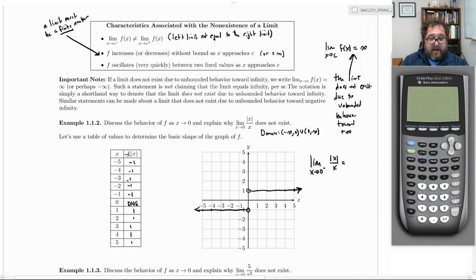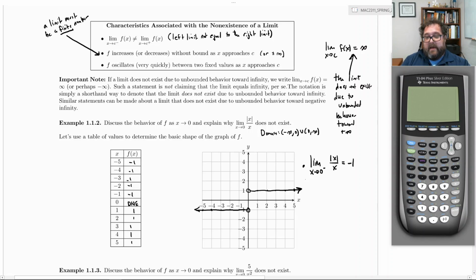Well, all of the y values are -1. You can see that from the table or from the graph. Therefore, going back to our informal definition, the trend is that the y values are trending at -1.